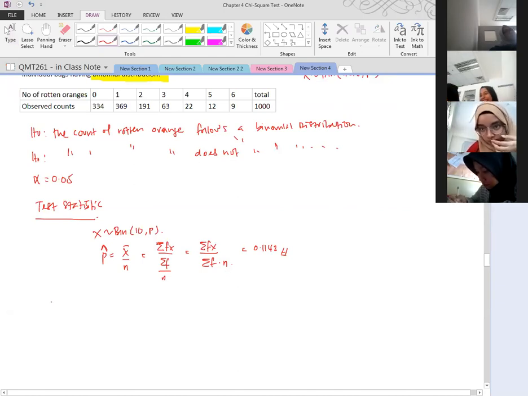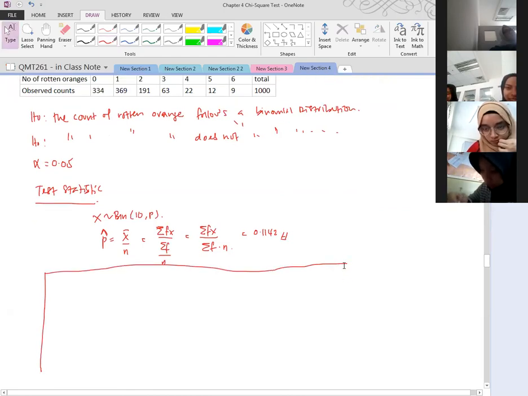So then we need to put the values into a very nice table so we can calculate the value of chi-squared.